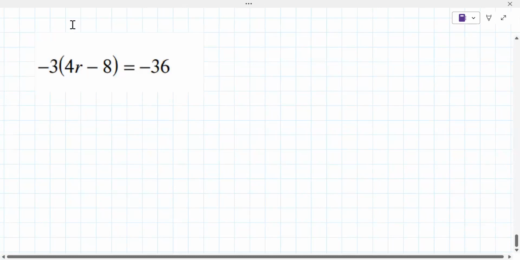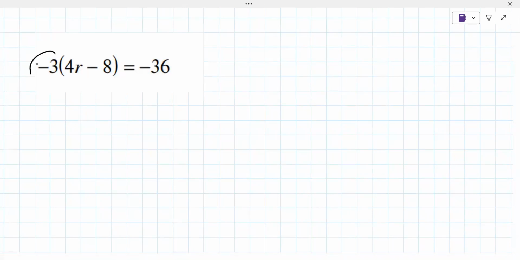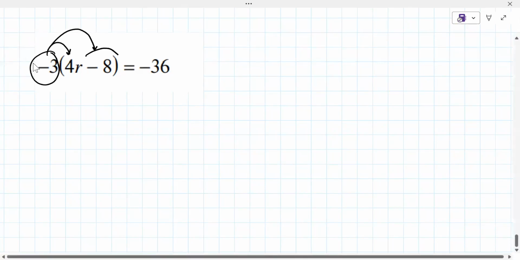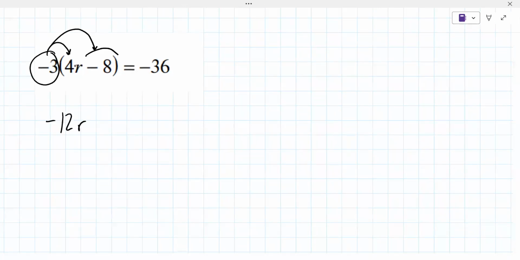All right, so the first thing we're going to do is take this -3 and multiply it by 4r and then by -8. Okay, so -3 times 4r is -12r. Is that okay? Is that clear?